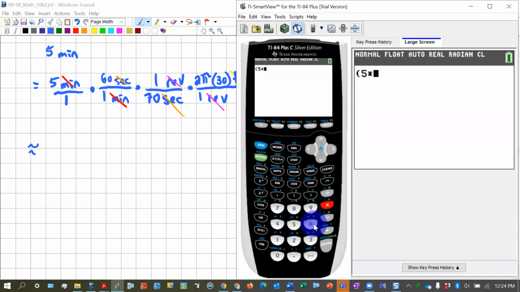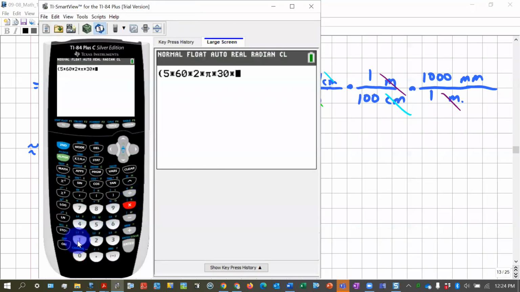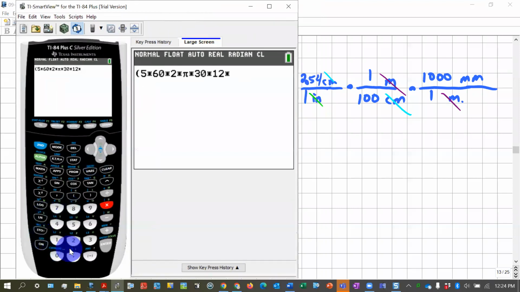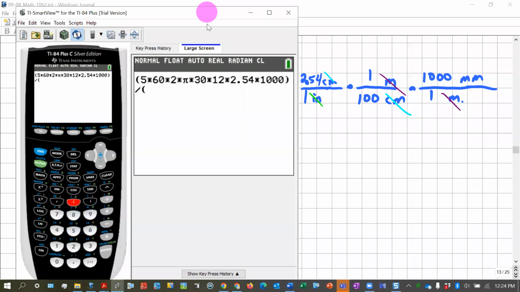So 5 times 60 times 2 times pi times 30 times 12 times 2.54 times 1,000, and the numerator divided by, start the denominator, I've got 70 times 100 in the denominator.